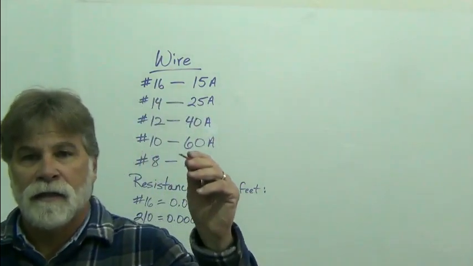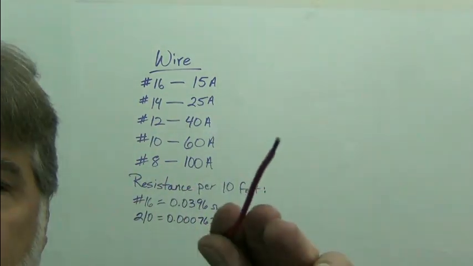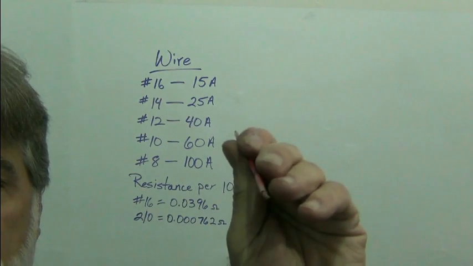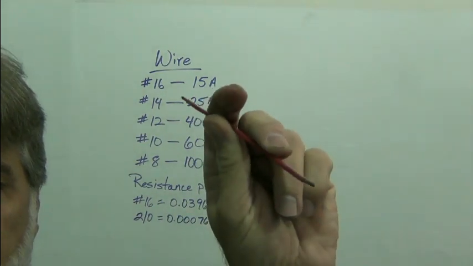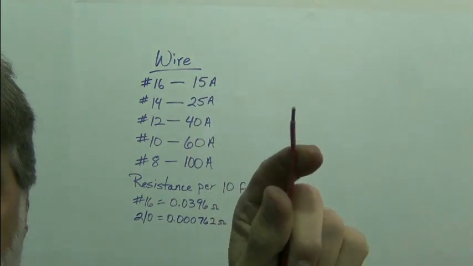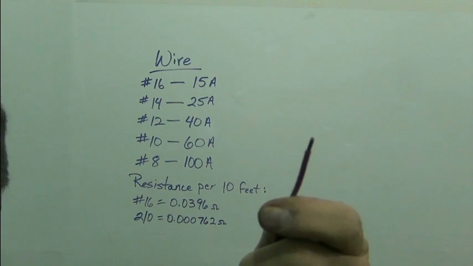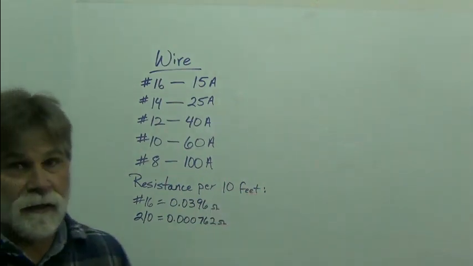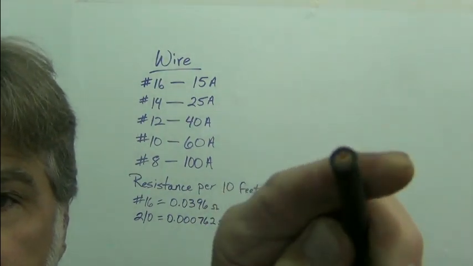So this is a piece of single strand wire. This is typically used in building construction, residential wiring. Braided wiring, here's an example of a braided wire.